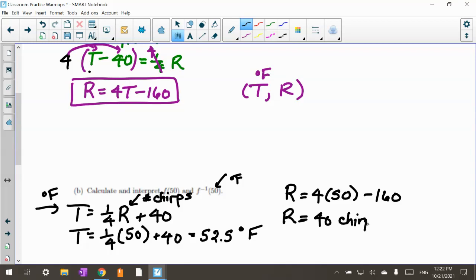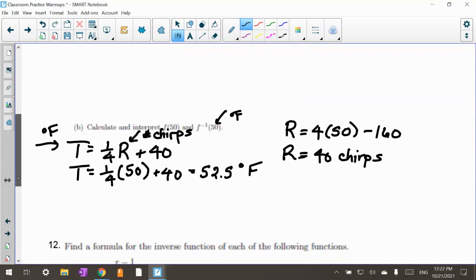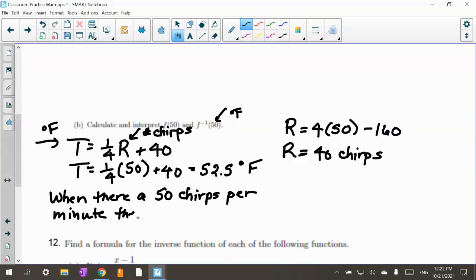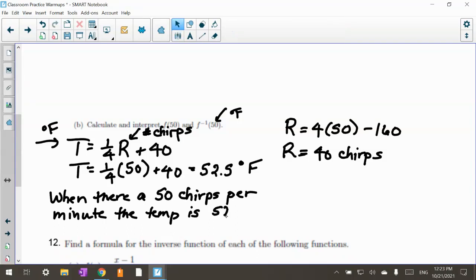So let's see what we have here. This one here is when there are 50 chirps per minute, the temperature is 52.5 degrees Fahrenheit. This one is the opposite, okay?